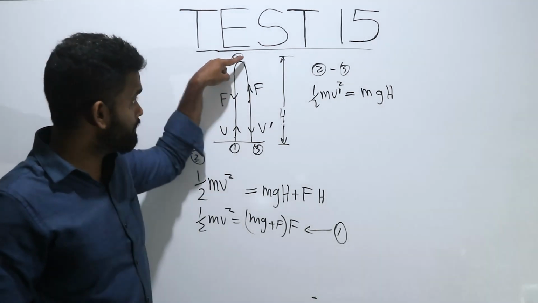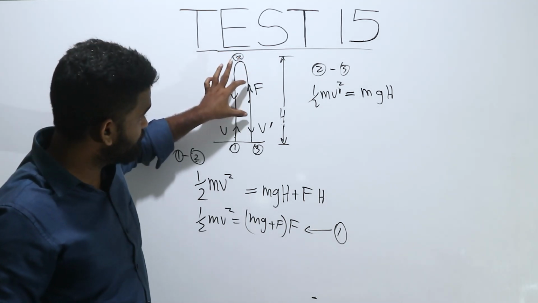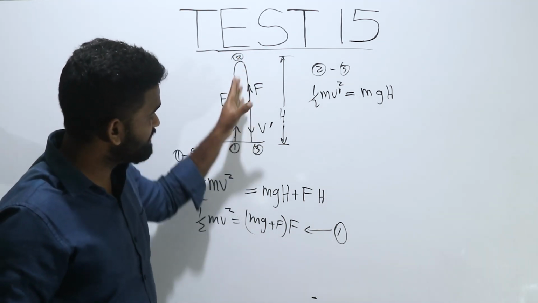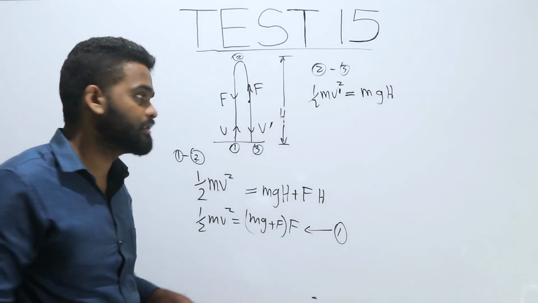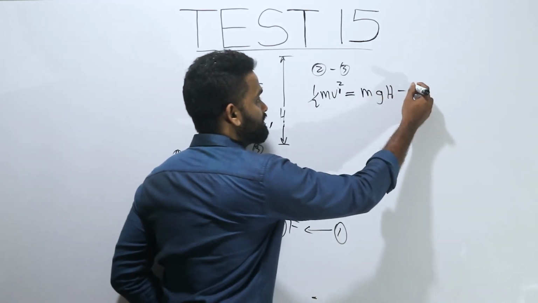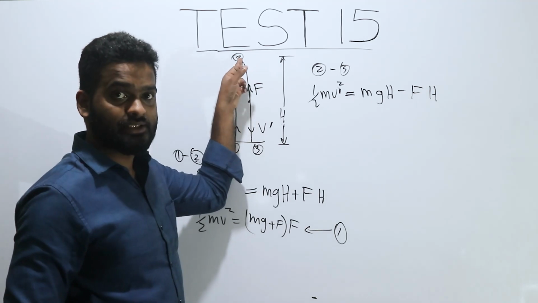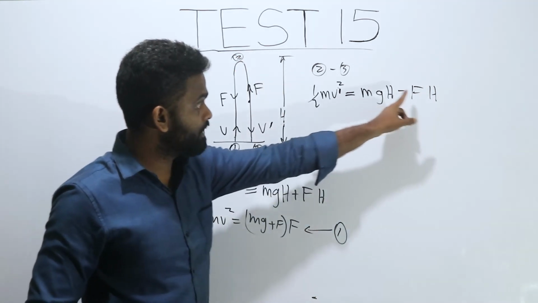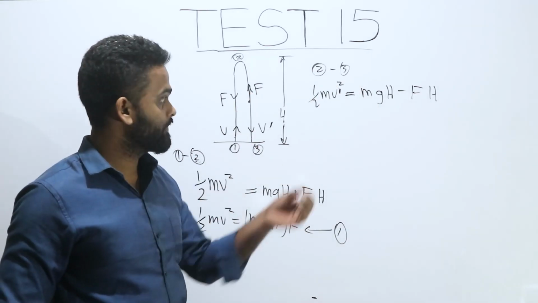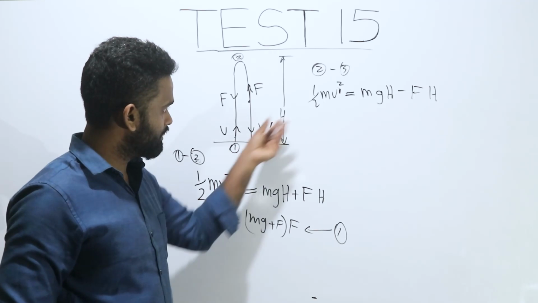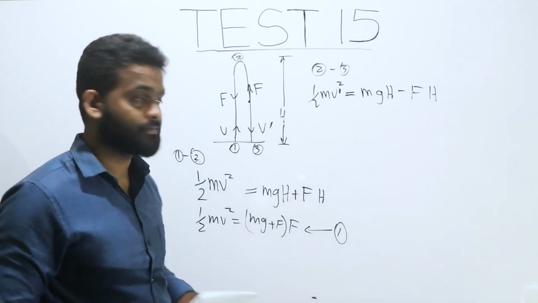As the object moves from here to here, fh amount is consumed, so mgh minus fh. The potential energy is reduced by fh because F is the resistive force. The remaining energy is just half mv dash squared.